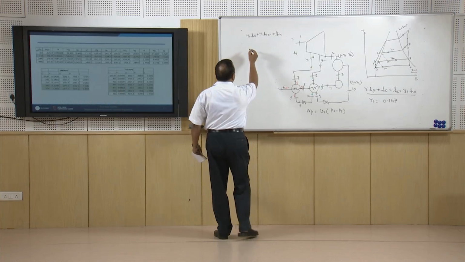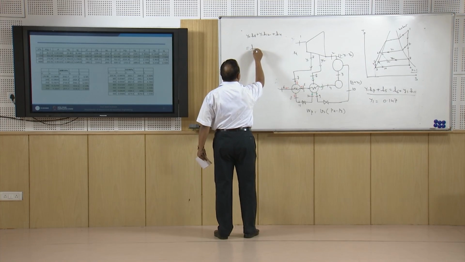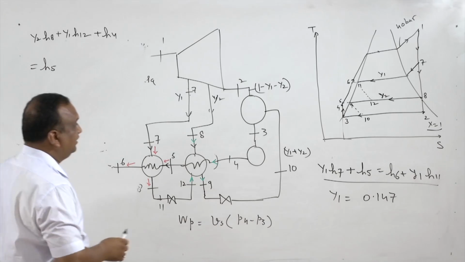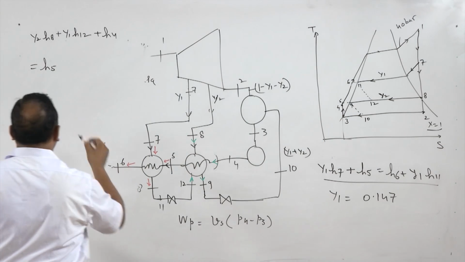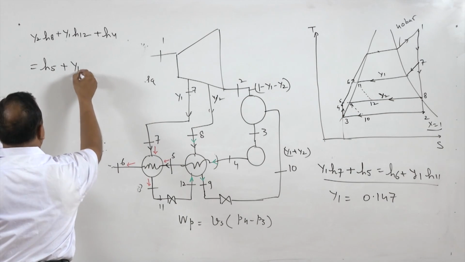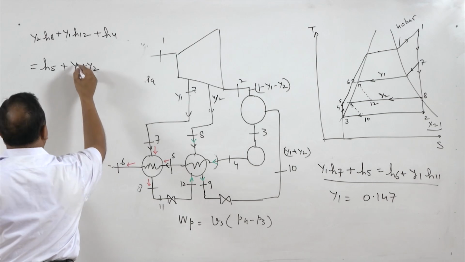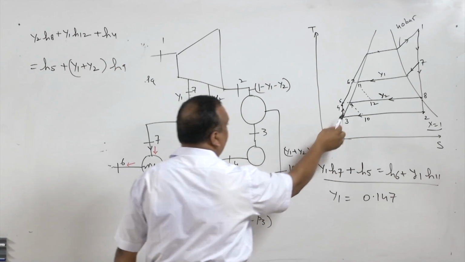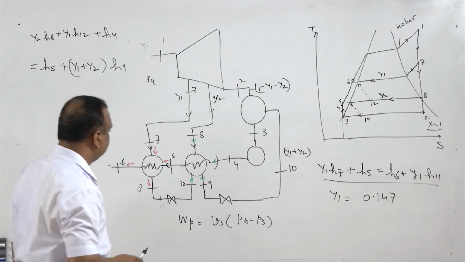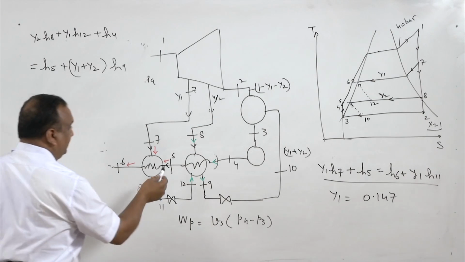Is equal to H5 plus Y1 plus Y2 H9. And H9 or H10 both are same, right? Is it clear?